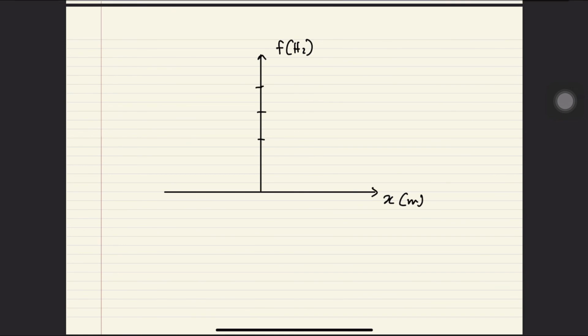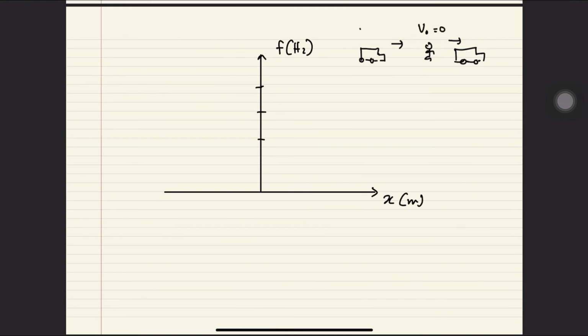I just put a number here. For example, when the ambulance is coming toward the stationary observer, maybe I can draw it over here. Okay, this is the situation. So V observer is not moving, stationary.